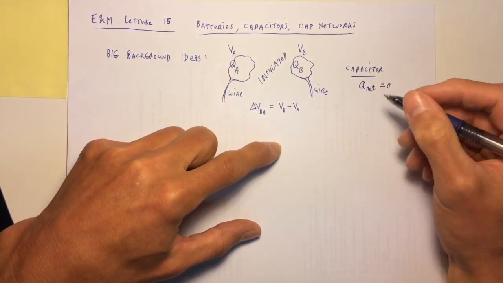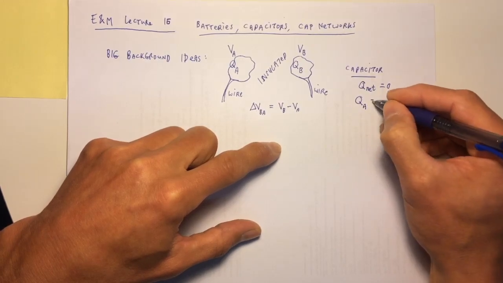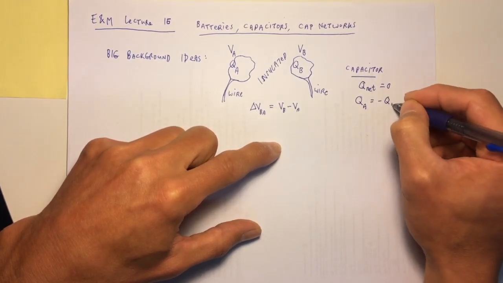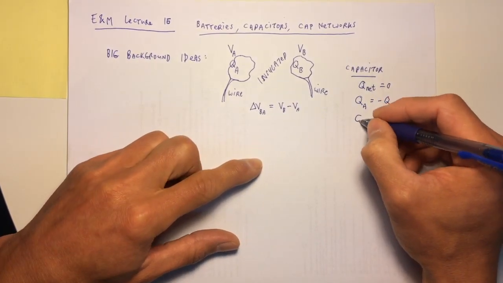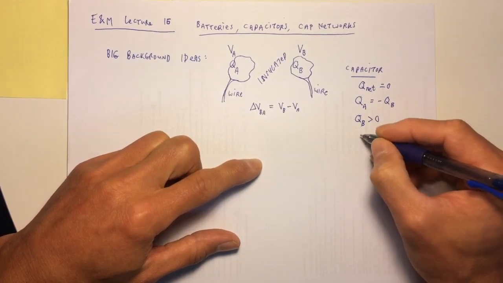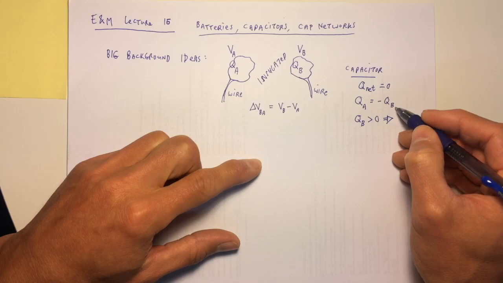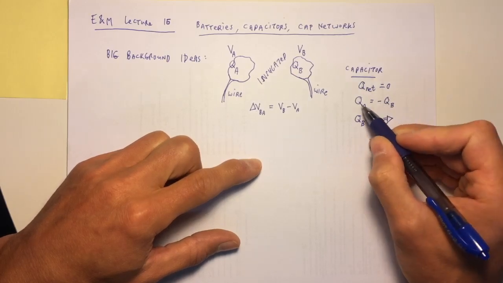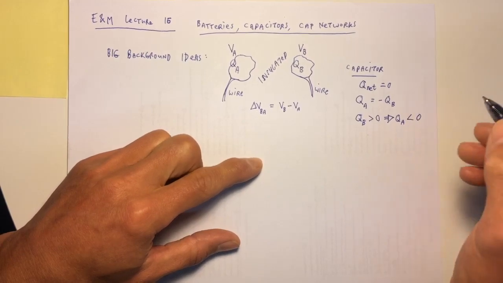So the net charge equaling 0 is the situation where Q_A equals the opposite of Q_B. For example, let's say that Q_B is the positive charge. Then that implies Q_A will be less than 0.